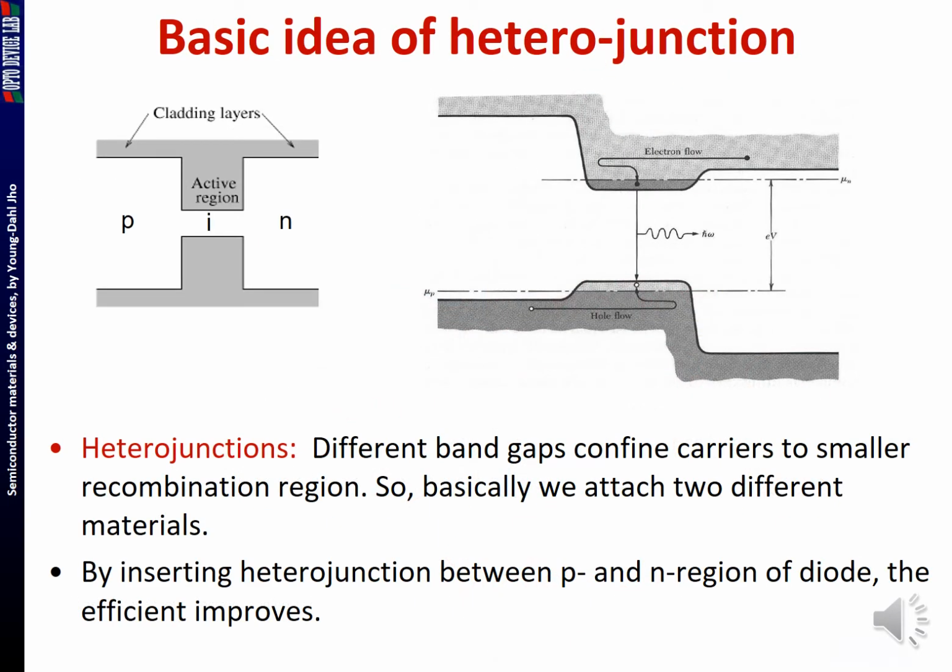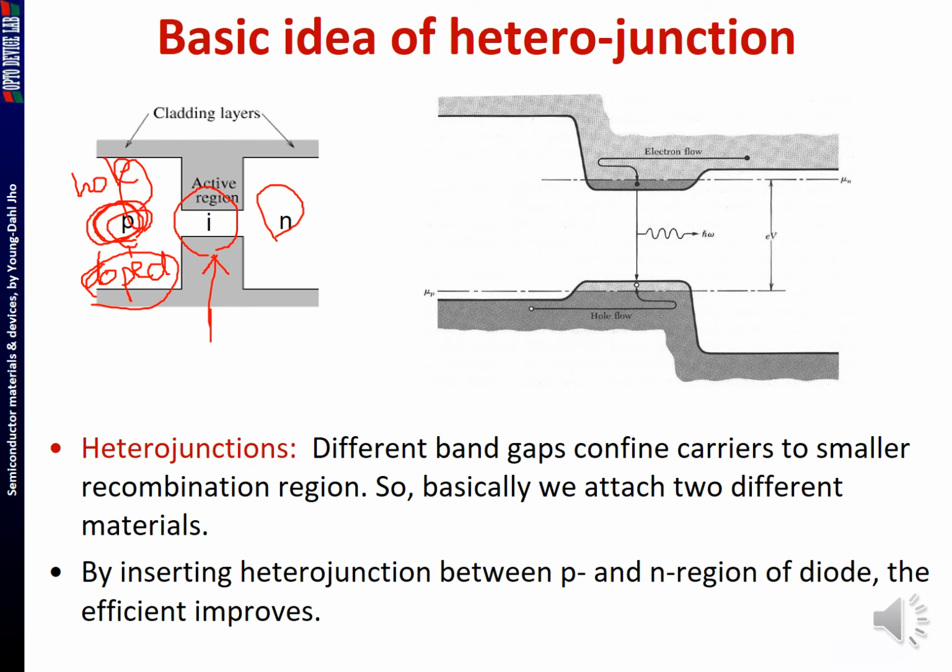Then this p-type material and n-type material can, in some cases, include an intrinsic material in the middle. Intrinsic material is not doped. P-type and n-type are called doped materials. It means the semiconductor is mixed with some additional atoms to intentionally add holes.